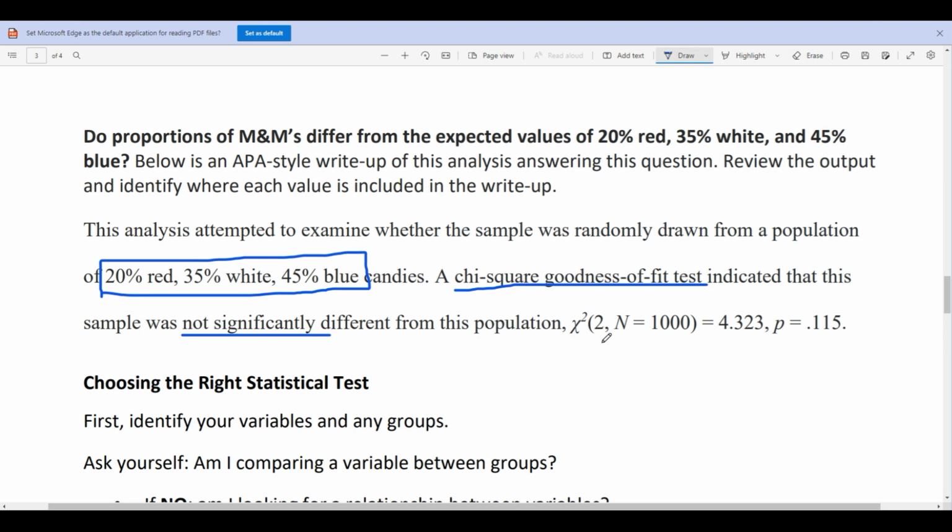In the parentheses, this is our degrees of freedom. Comma, space, then our sample size, n equals 1,000, telling us how many pieces of candy we had in our sample. Close your parentheses, equals our chi-squared value and our p-value finally.